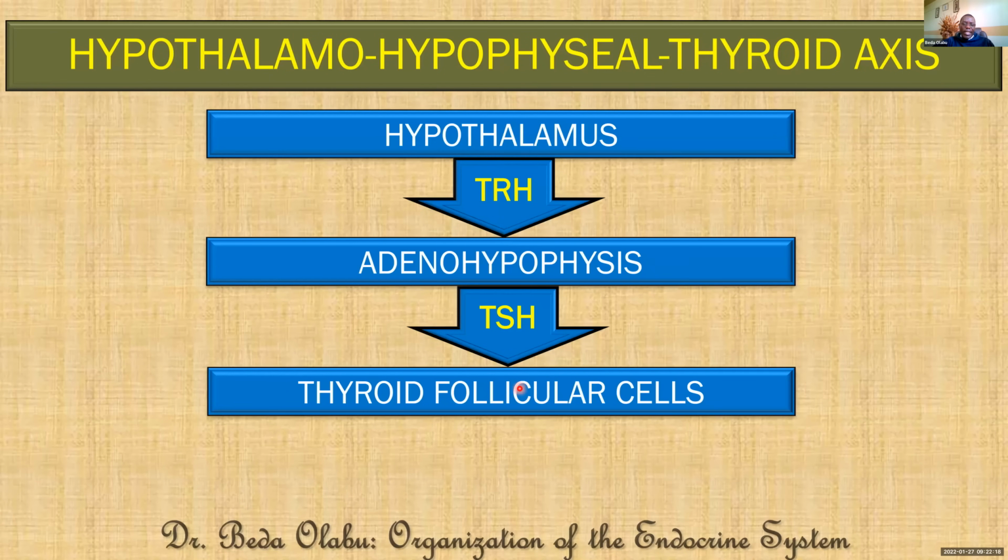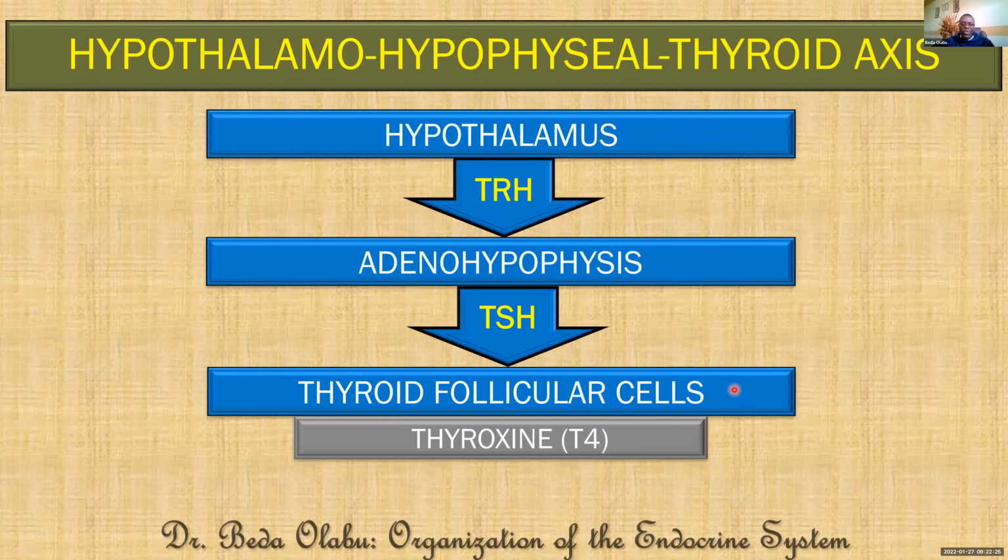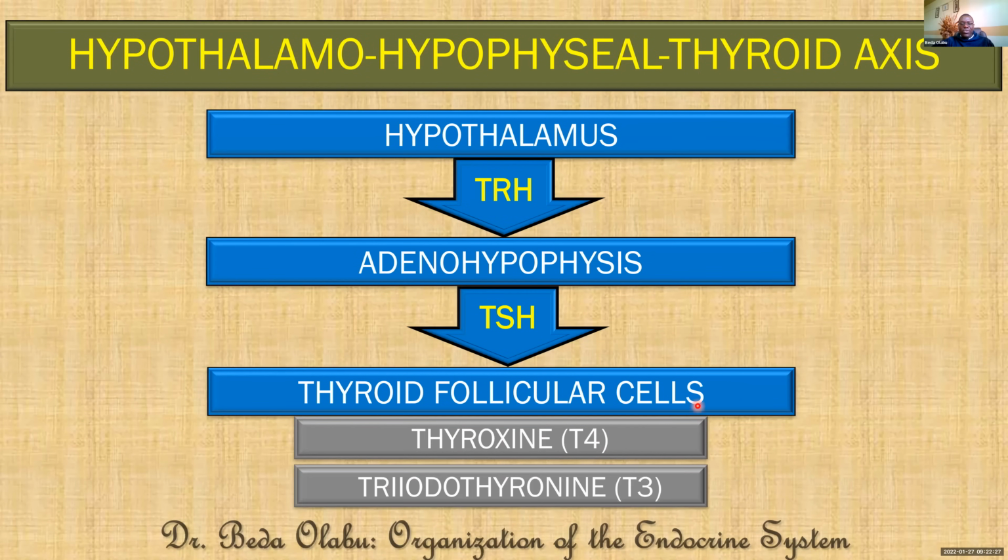So thyrotropin acts on the follicular cells of thyroid gland, and the effect is to promote production of thyroxine T4, or you can call it tetraiodothyronine, and T3 triiodothyronine. We've talked about the physiological effects of these hormones.